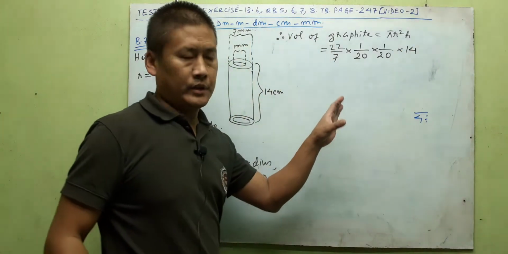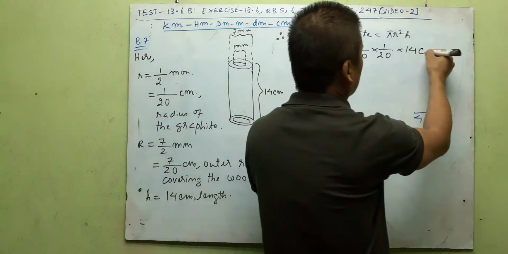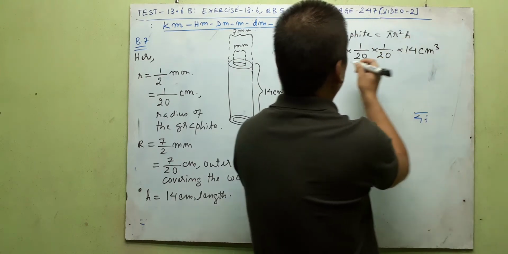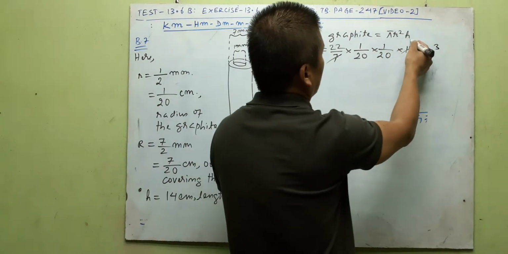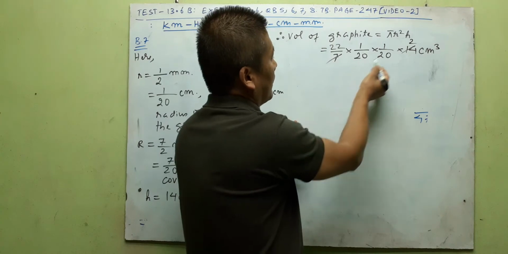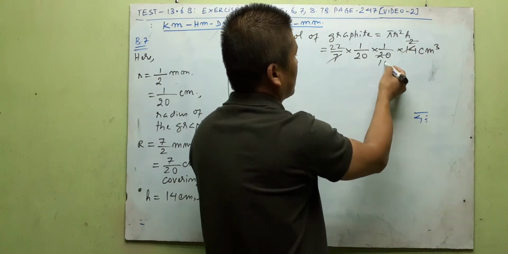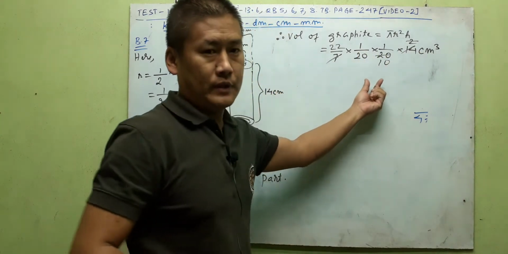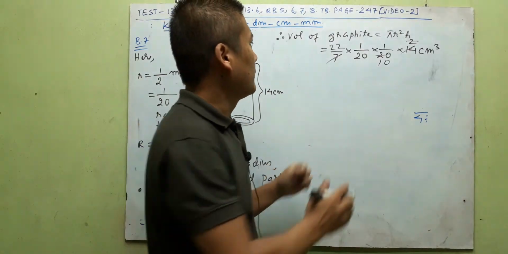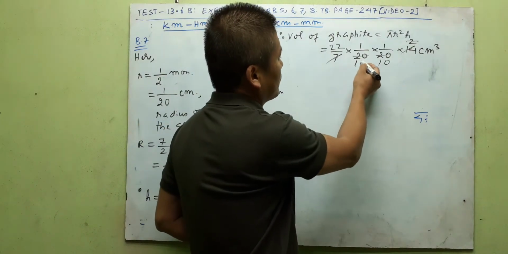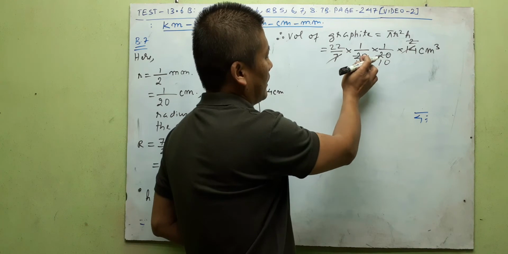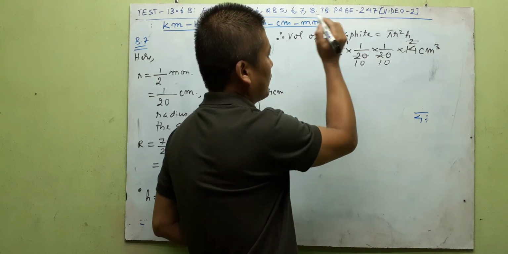So let us write there. And then volume is 3-dimensional, so we just put here centimeter cube. Now 7 ones are 7, 7 twos are 14, and 2 tens are 20. So let us not touch this anymore because we know it's very easy to divide by 10, 100 and all. Let us also convert this to 10 so it's easy to divide. 2 tens are 20, 2 same number, 2 1 1.